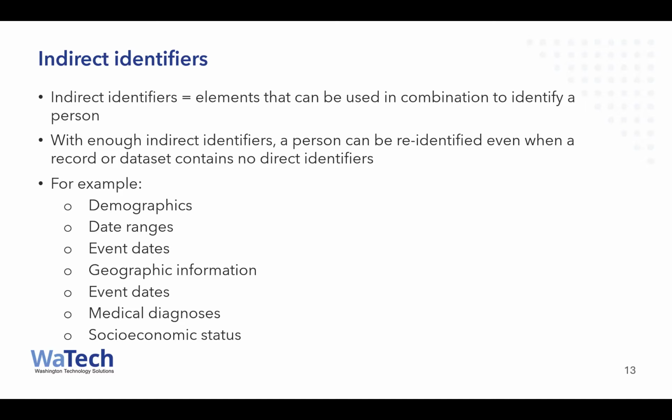Event dates, again, like the date of a procedure. Medical diagnoses can be something that, again, on its own is not very identifiable, but in combination can be used to identify people, and socioeconomic status. So this could be a pretty broad bucket of things, including income or your job or your level of education.